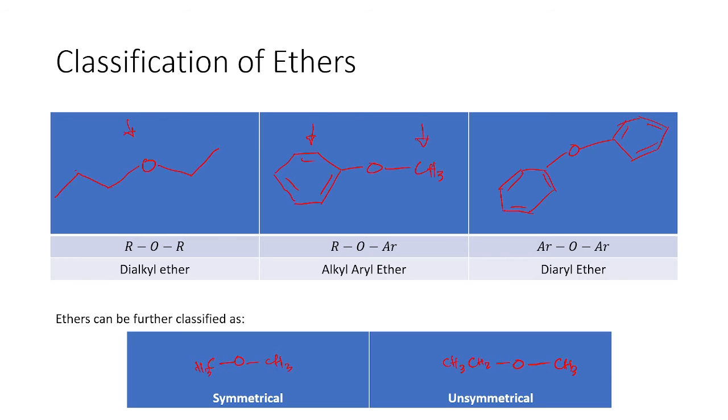We can also classify ethers based on the similarity of the groups attached to the oxygen, wherein for symmetrical, both groups are similar, and for unsymmetrical, they are dissimilar. Okay? And as we are done with the classification of ethers, let's move on to the nomenclature of ethers.